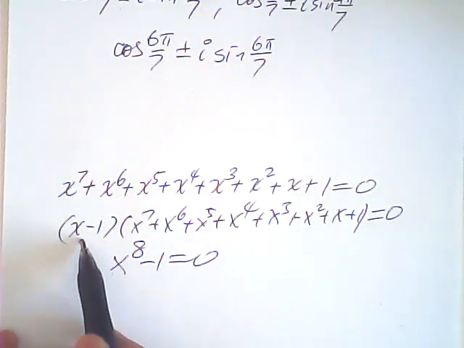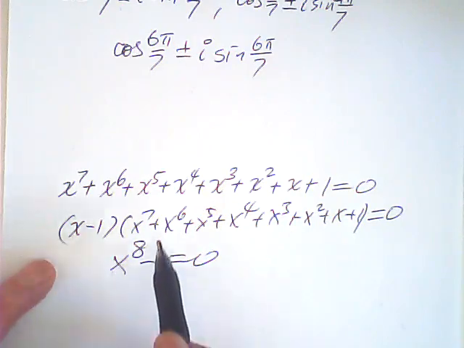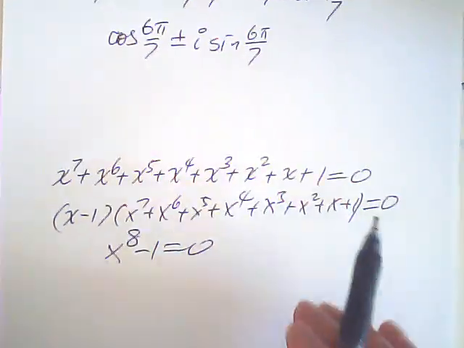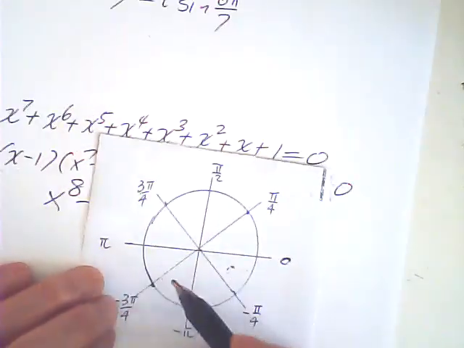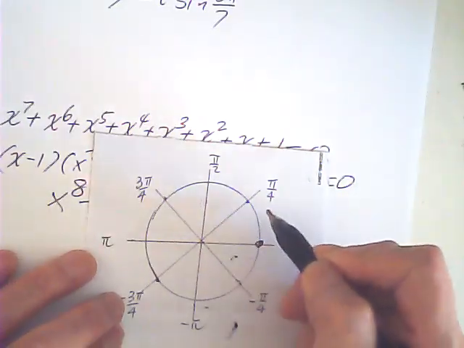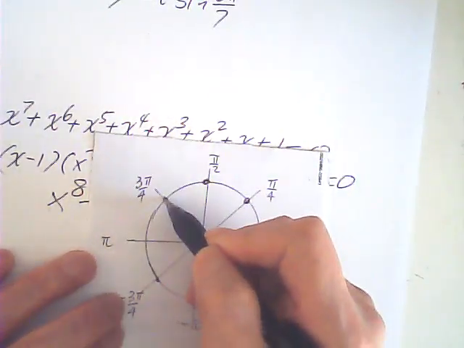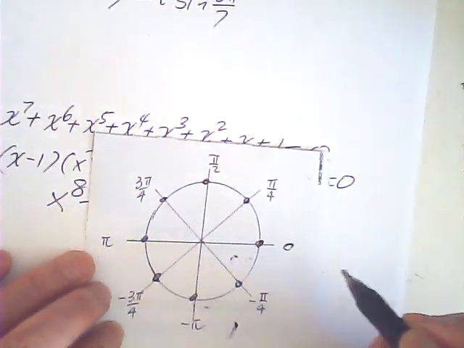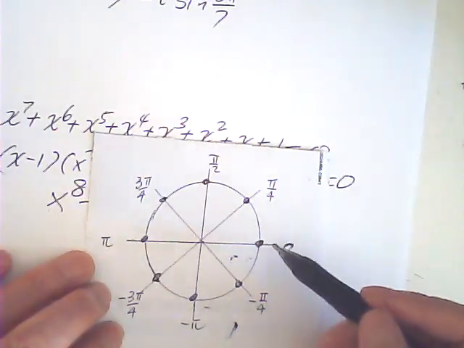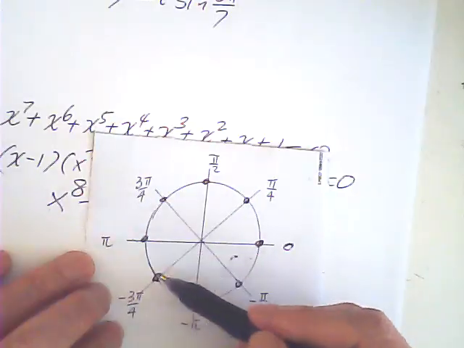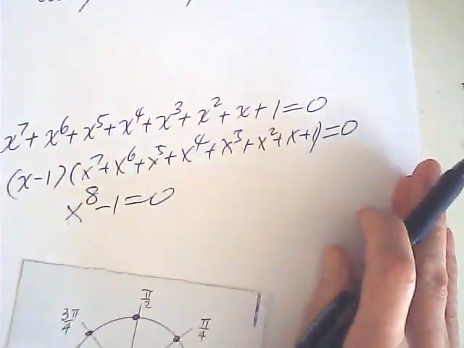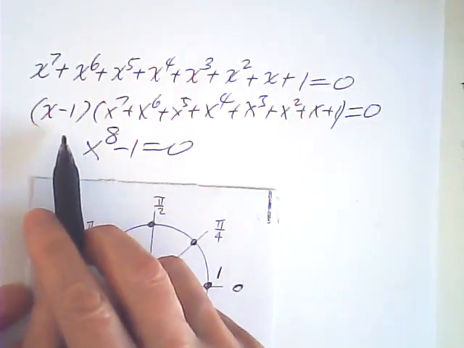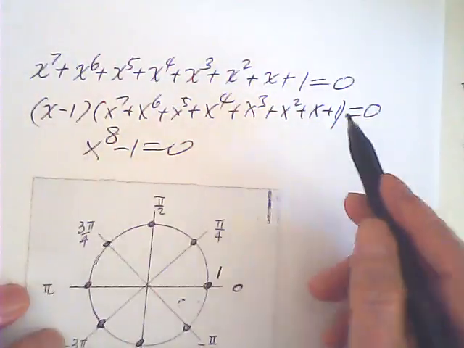One is positive 1, which belongs to this one. The other 7 belong to this equation. We just simply draw a unit circle, 8 roots. Let's count: 1, 2, 3, 4, 5, 6, 7, 8.